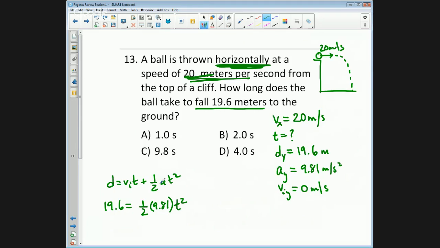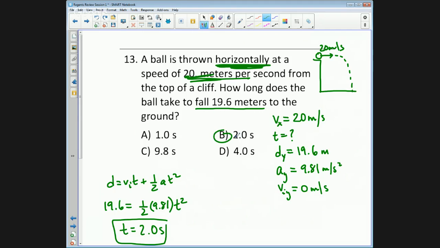Okay, so I'm going to do some math here, and I'm going to have to take the square root in my calculator, and the answer that I get is approximately 2 seconds, I believe.